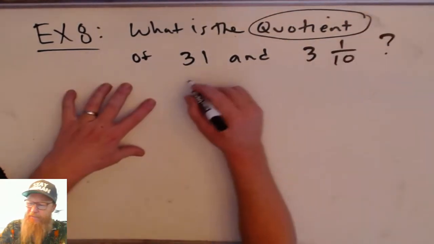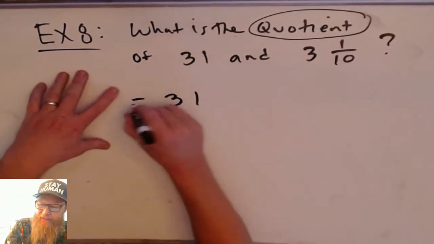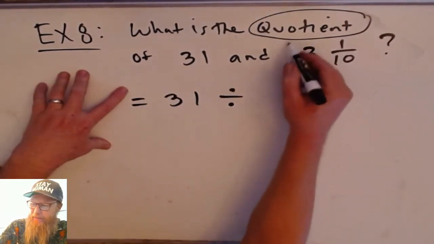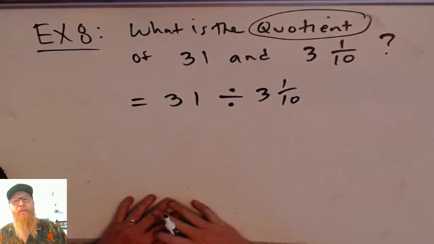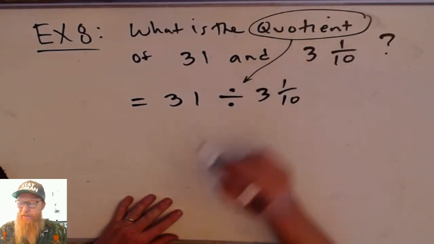Quotient means divide. Three and 1/10. So quotient means divide.